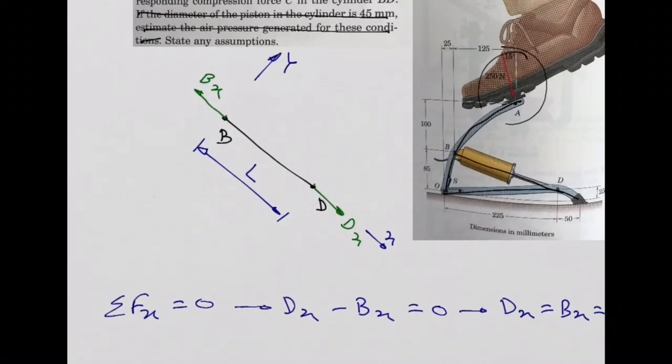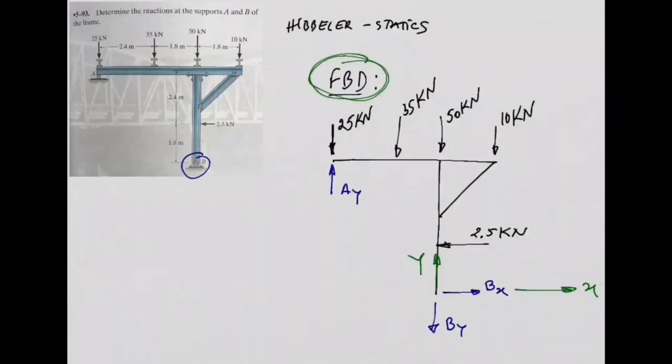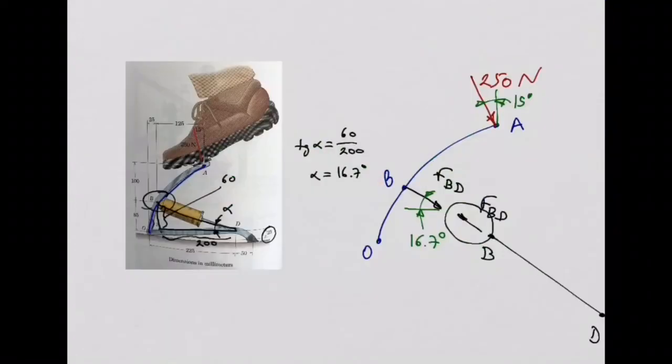The force needs to have the direction of the strut or the cylinder. So basically this force here at point B in my member OBA is going to be only one unknown, which is FBD, because we know the direction of this force. It makes 16.7 degrees with the horizontal direction. Okay, so this is only one unknown.